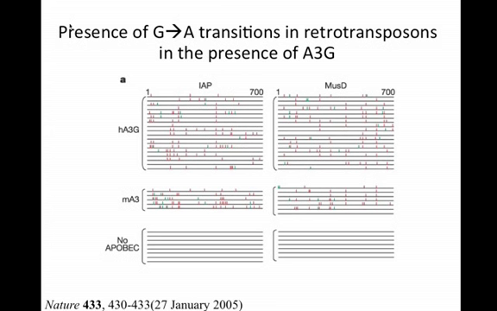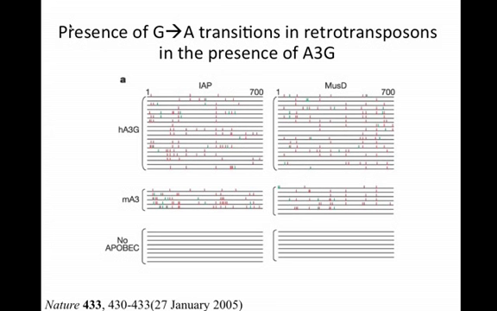So if you compare no APOBEC to plus APOBEC, and mind you, this is done in vitro, so it's very artificial. They're really just adding the transposons, adding the APOBEC proteins in the presence and absence with the transposons, and they're looking to see the mutations.